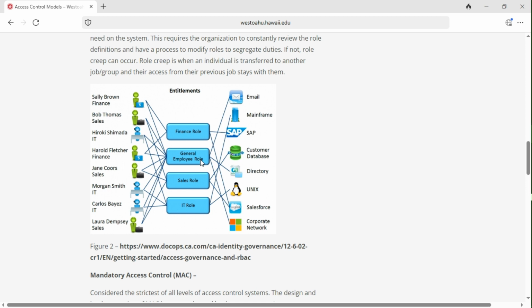Now, when it comes to mandatory access control, let's assume we have Jane, who is a sales associate, and we have Laura, who's a sales associate. If Jane has 12 years of experience as a sales associate and Laura has 1 day, say it's her first day on the job as a sales associate, mandatory access control can start to classify certain data, in this case, customer base, where they would only have access to certain databases, aka customers, within their own category.